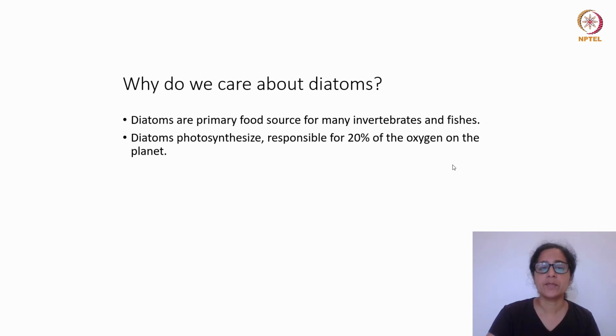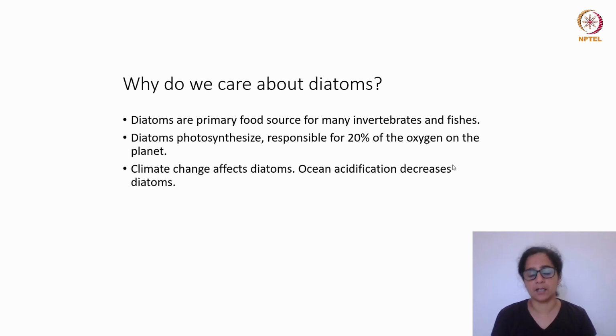And diatoms are important for one more reason, because climate change also affects diatoms. Because of the anthropogenic increase in carbon dioxide levels, the ocean's ability to act as a carbon sink is also affected.